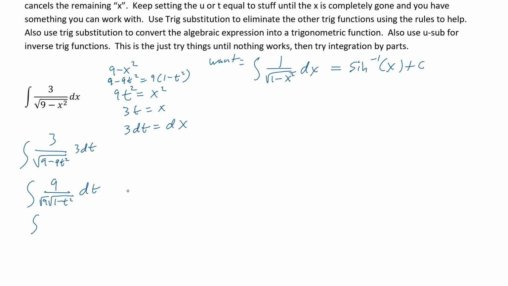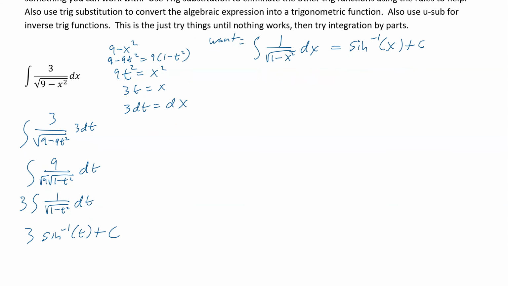And so we take those numbers out. This is 9 divided by 3, which is 3. And there it is. So now we have our integral. And that's a t, so that would just be a t. So we have 3 inverse sine of t plus c.